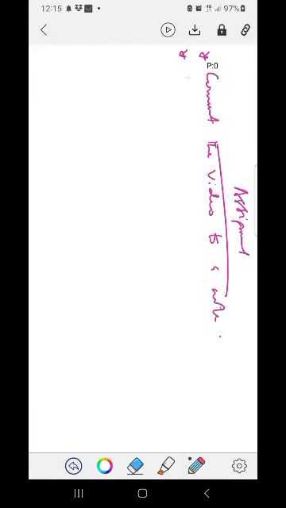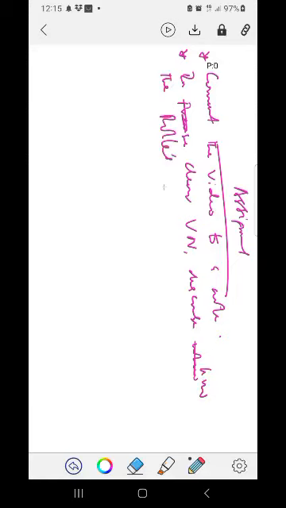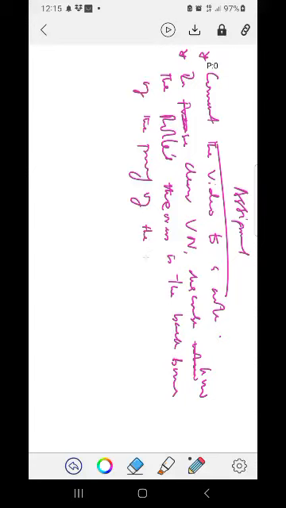Number two, in precise, in clear terms, describe how the Rolle's theorem is the backbone of the proof of the mean value theorem.